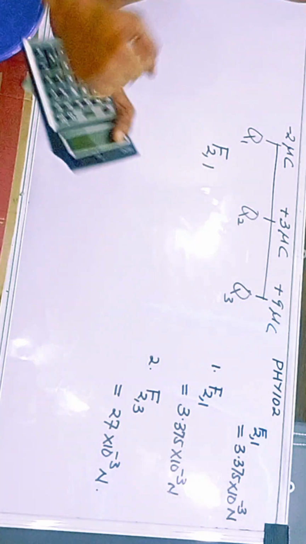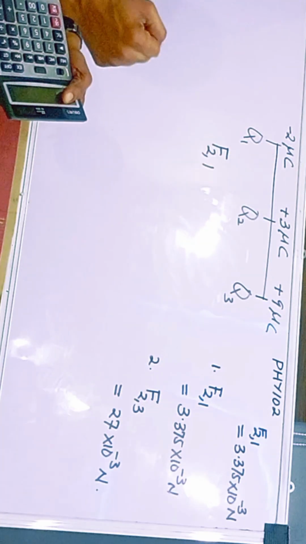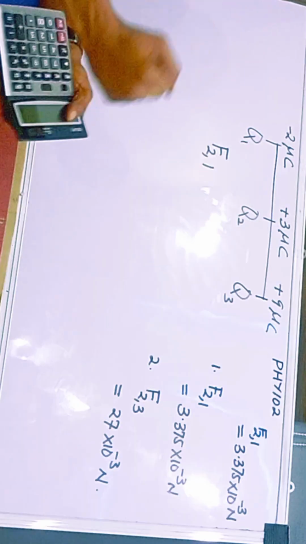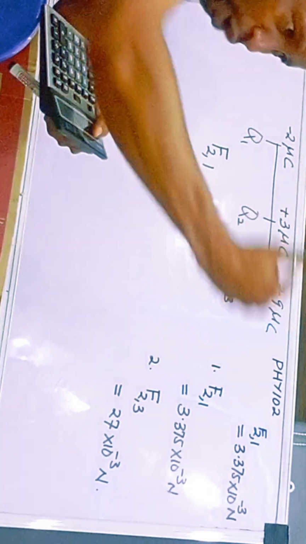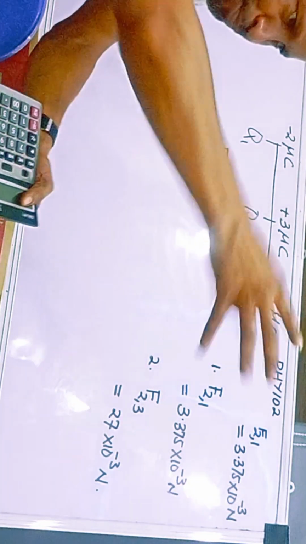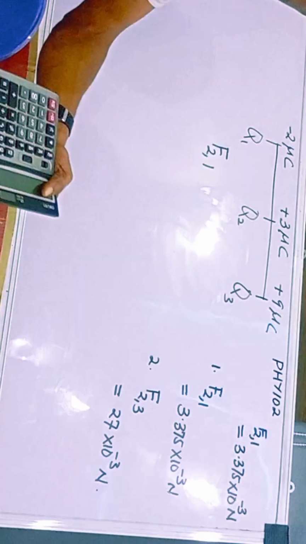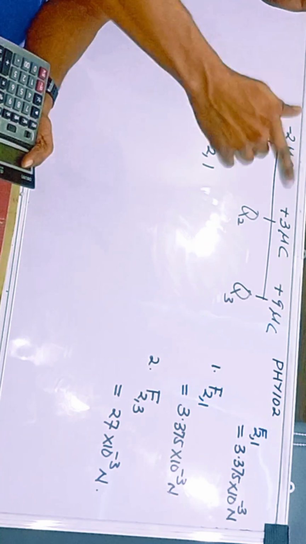The rule says the force of attraction is in the direction of the bigger charge. If two charges, one positive and the other negative, attract each other, it is the big one that will pull the small one towards itself. That's why we say the force of attraction is in the direction of the bigger charge.